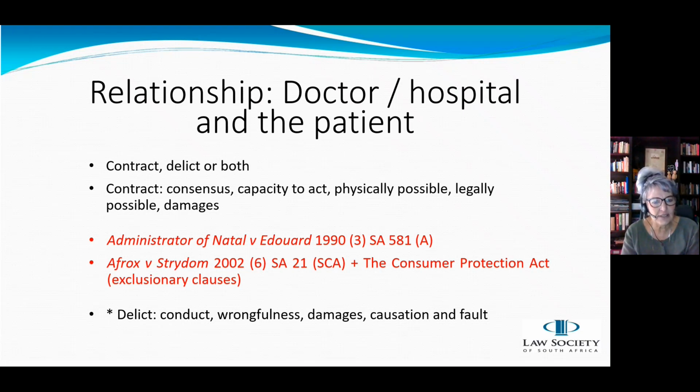And that case is very important because Mr. Strydom alleged that the clauses in the admittance form that say that the hospital could not be held liable for any things that go wrong during his stay in the hospital, whether negligently or intentionally, should not happen, and they are not on equal bargaining terms because he's an individual and they are a hospital.